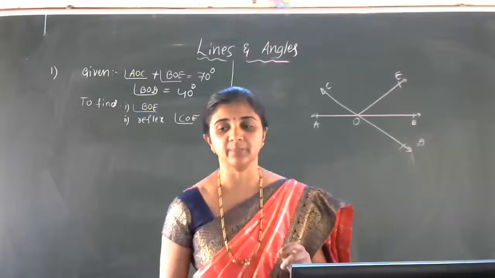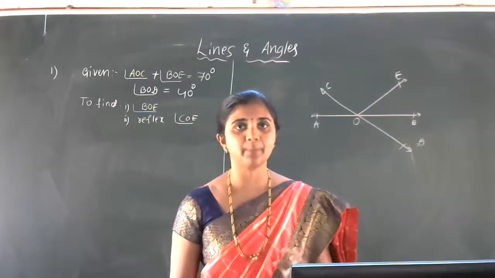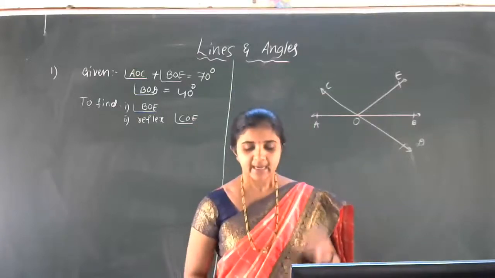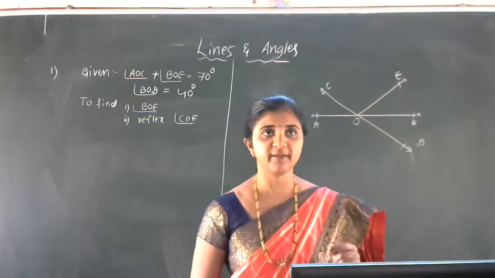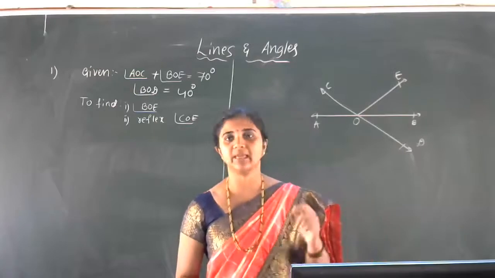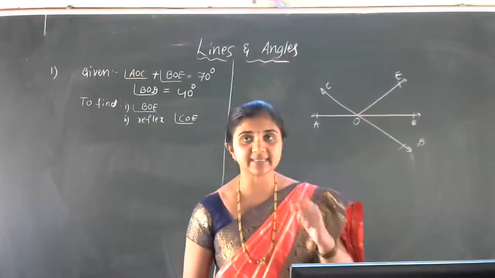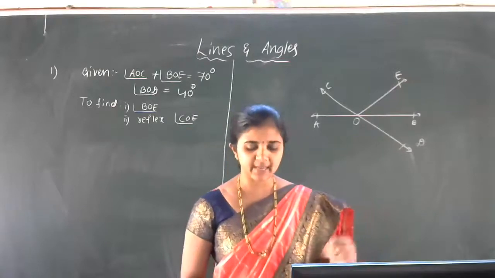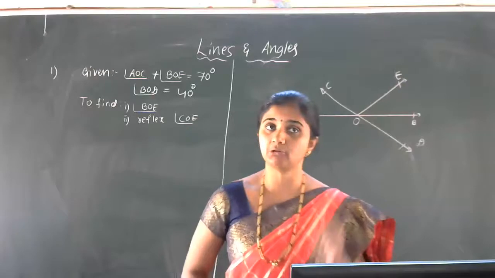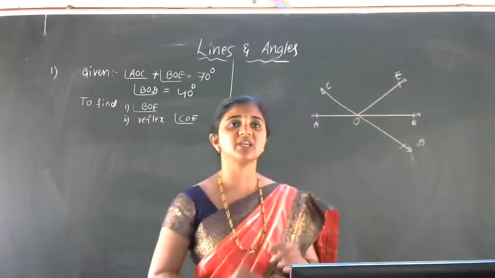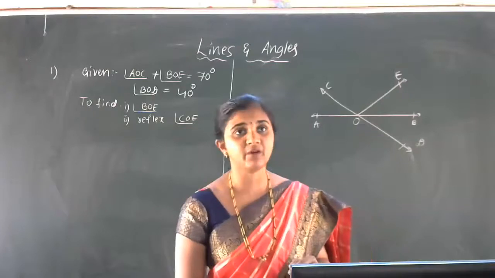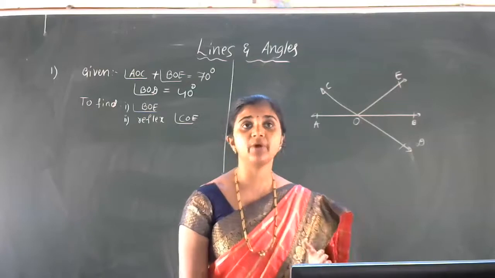In the figure, observe the question properly. Lines AB and CD intersect at O. If angle AOC plus angle BOE is equal to 70 degrees, one condition is given in the problem, that is, the sum of these two angles is 70 degrees, and angle BOD is 40 degrees.